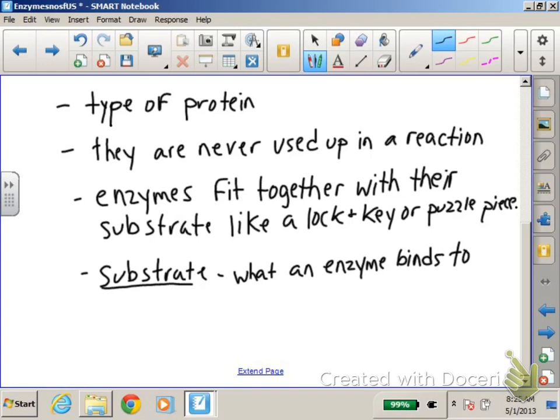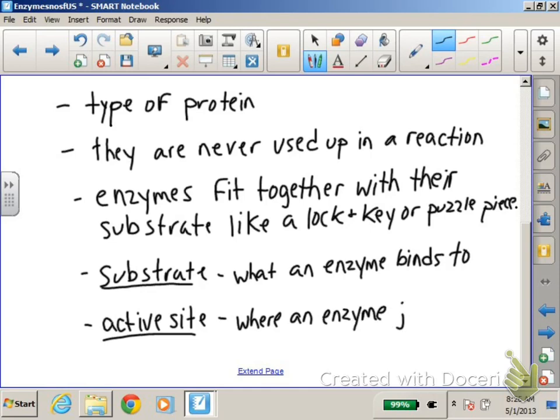Remember, it does fit with a substrate like a lock and key. And then another term is what we call an active site, and that is the exact location where an enzyme joins its substrate.